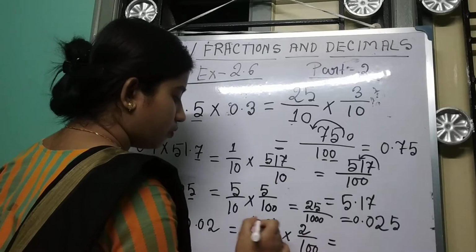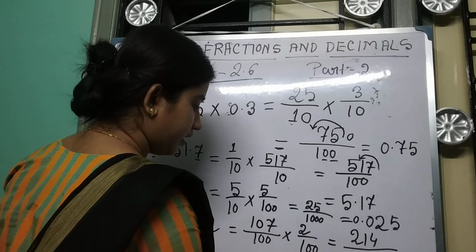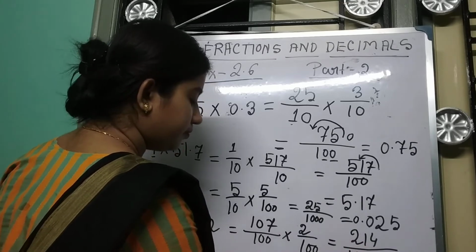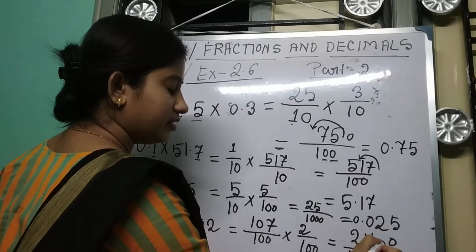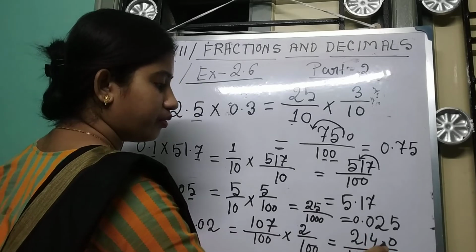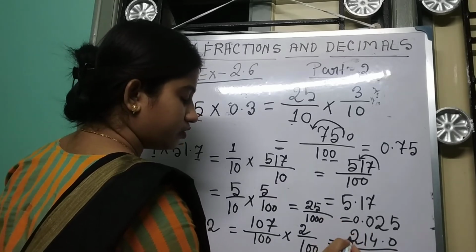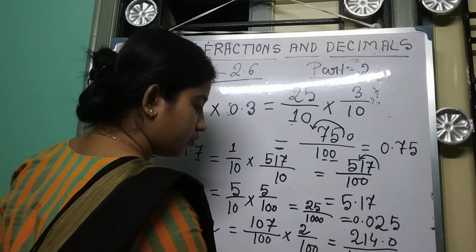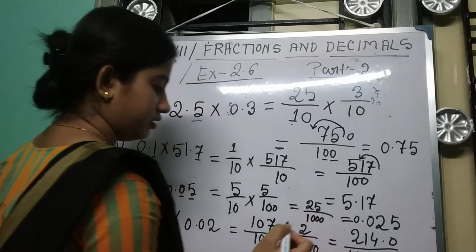Now we get 107 into 2, that means 214 by 10,000. So we shift the decimal point by 4 places to the left. We must write 0 at first, then 0, 2, 1, 4, and here is the decimal point.